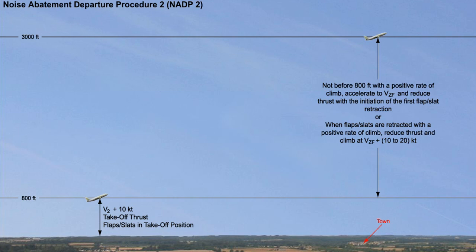Alternatively, when the flaps and slats are retracted after 800 feet, then reduce thrust and climb at VZF plus 10 to 20 knots up to 3,000 feet. On reaching 900 meters, or 3,000 feet, above aerodrome level, transition to normal en route climb speed.